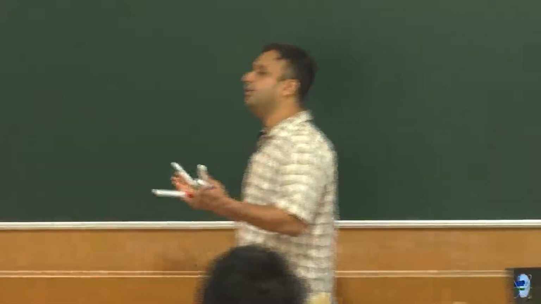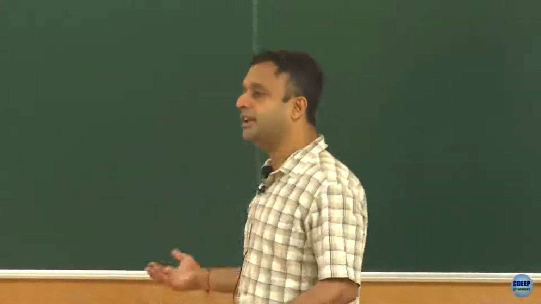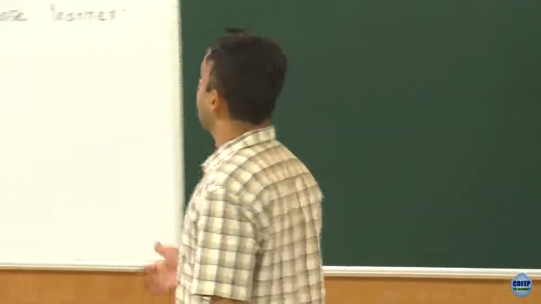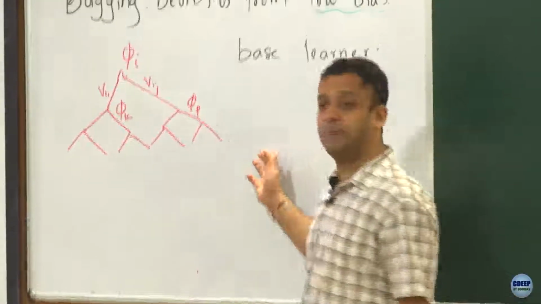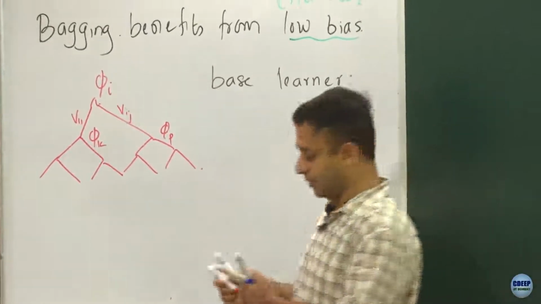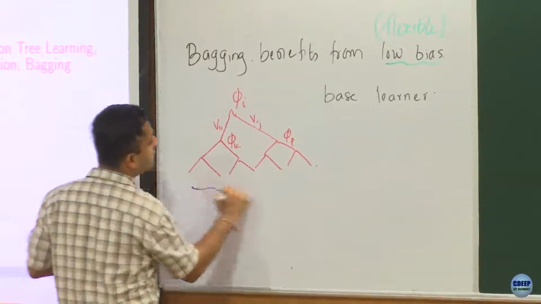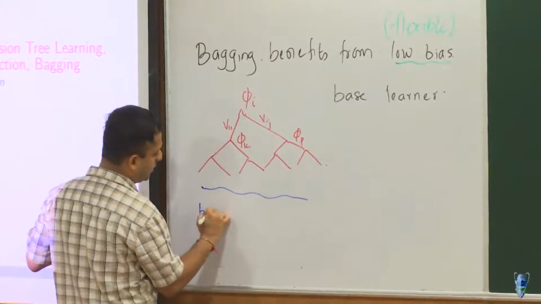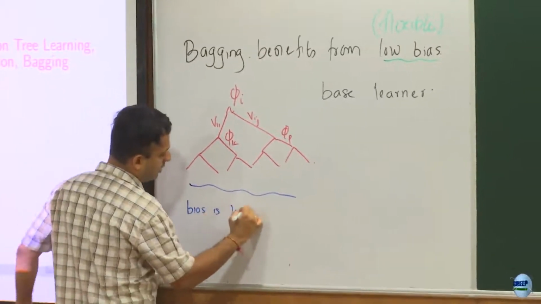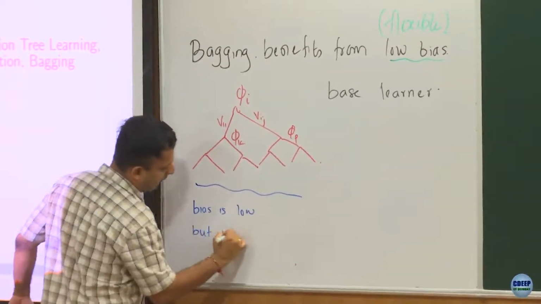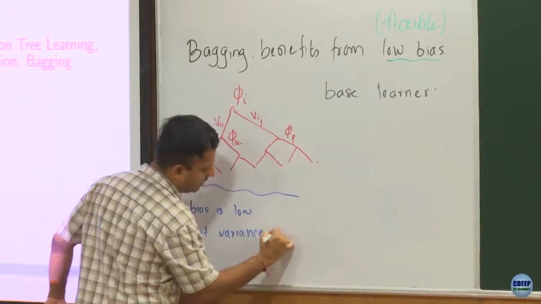So therefore you do bagging around decision trees, because this would be low bias but it might have high variance. So the apprehension is that the bias is low but variance might be high.